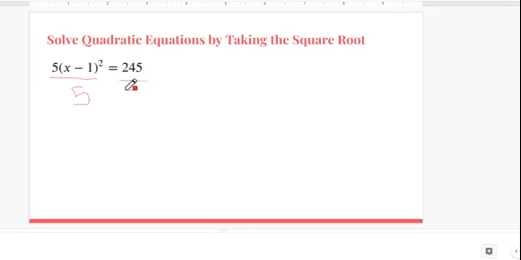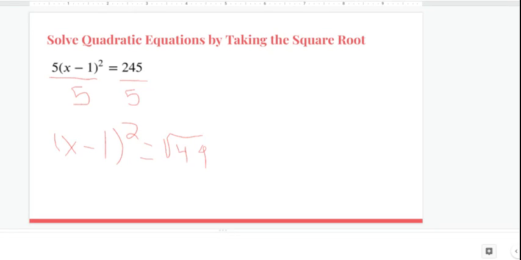When we do that, we have x minus 1 quantity squared equals 49. Now, when I take the square root of both sides, I need to remember there is a principal and a negative square root of 49.